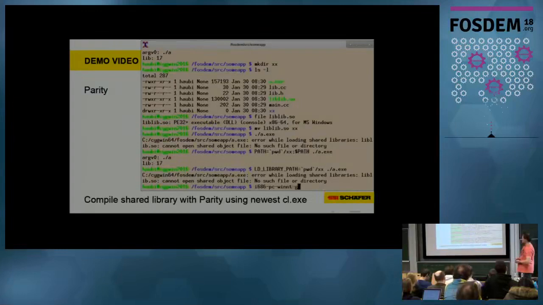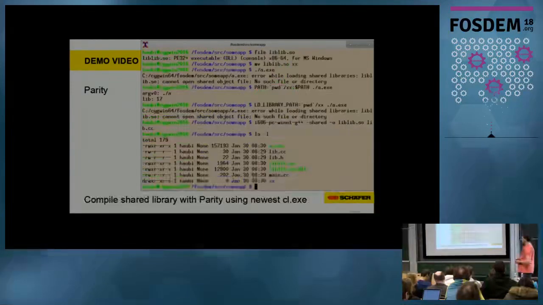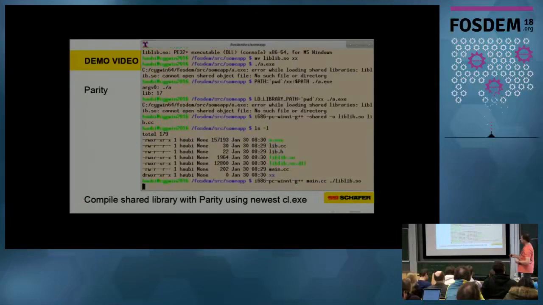Let's compare this with Parity again. The command line is pretty much the same, except for the host triplet. Among the created files, there is the .so file, lib.so, as the output file. This actually is the import library.